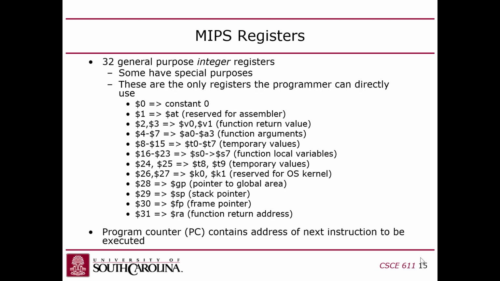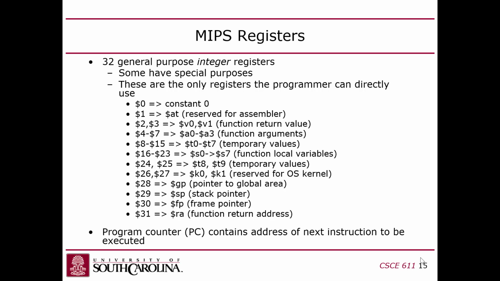So that's what the stack and frame pointer are for. And then the return address for function register 31 is where the jump and link instruction and the jump and link register instruction will put the return address, so you can get back to where you came from when you call a function. And we will be implementing those instructions.